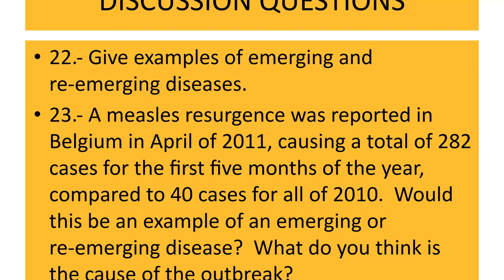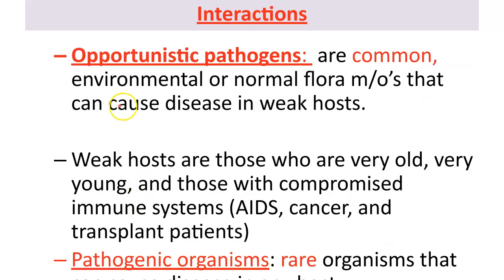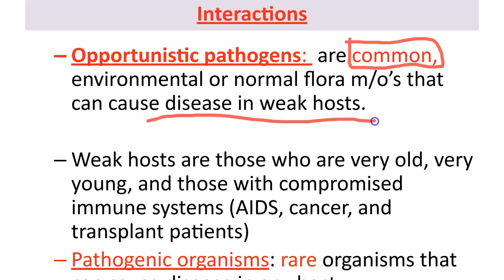So that brings us to the concept of opportunistic pathogens versus pathogenic organisms. Opportunistic pathogens are common in the environment, and they cause disease typically in weak hosts, or like I mentioned before, if they happen to move to a location where they shouldn't be, a location that should normally be sterile.